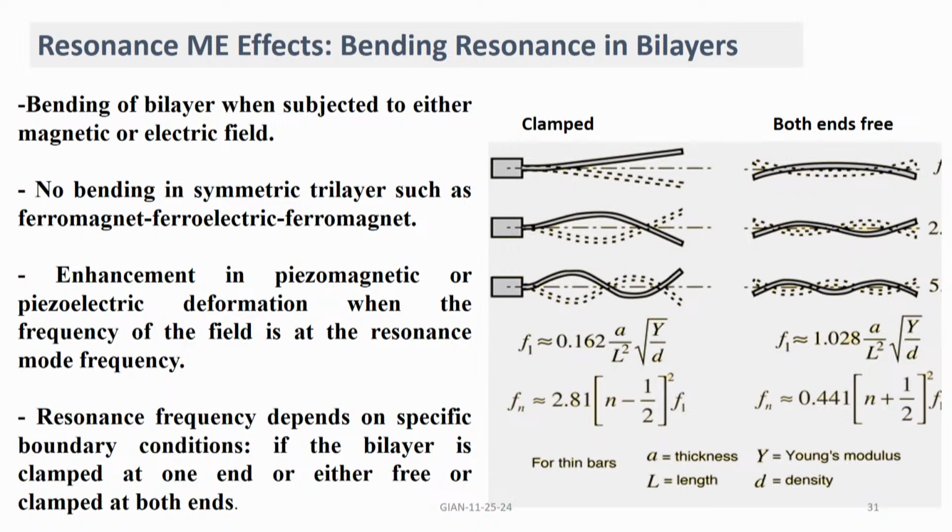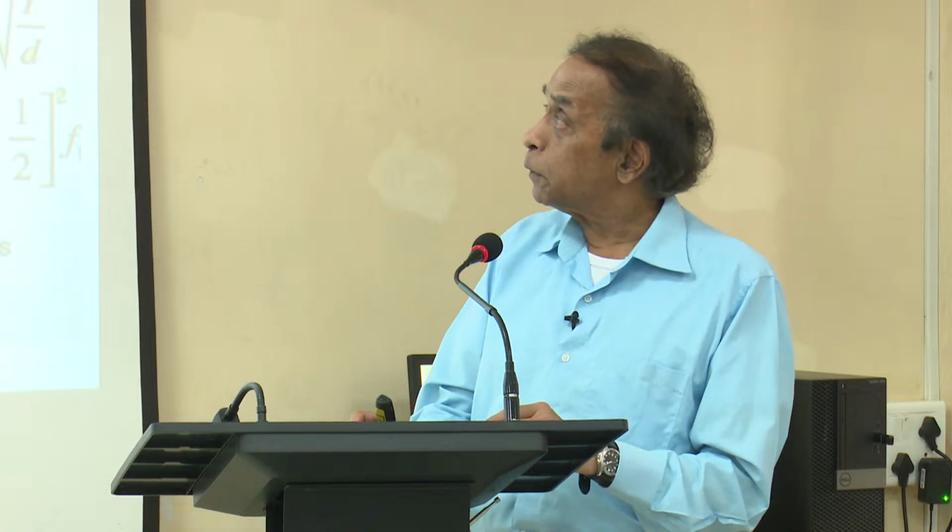In many of the PZT spec sheets, when you buy from the vendors, they will give you the frequency for the acoustic mode. If it is a circular one, they will give you the radial frequency, and if it is a long platelet, you would know that too, for the length, the width and the thickness. So you can easily calculate where the resonance is going to be.